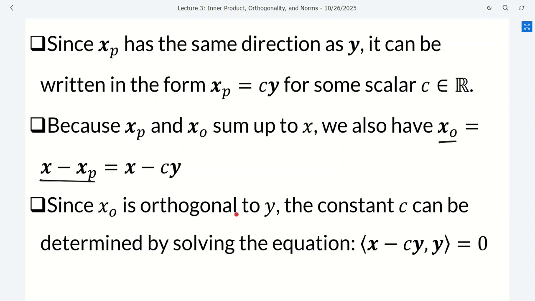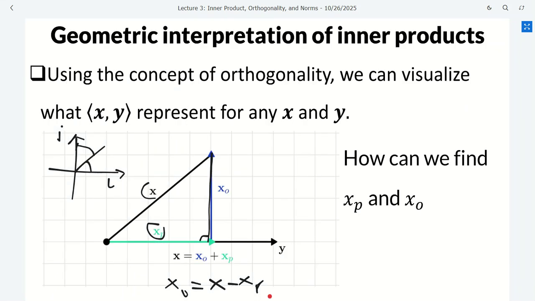So if x naught has been made the subject, what can we also do? Let's look at what we can do to our xp. Pay attention to the diagram again. If you look at your xp, it is in the same direction as y. So I can say that xp is y multiplied by some scalar.